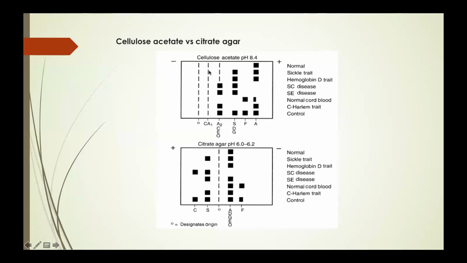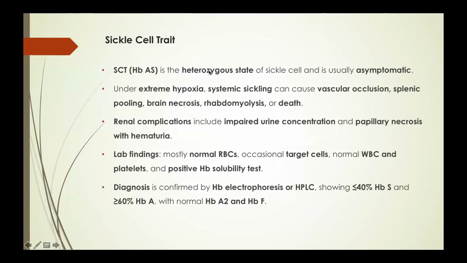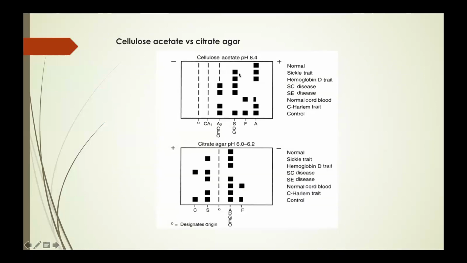You can see we have different types of hemoglobin as they migrate. But if we want to distinguish between S, D, and G, because hemoglobin S migrates together with D and G, we have to use citrate agar.